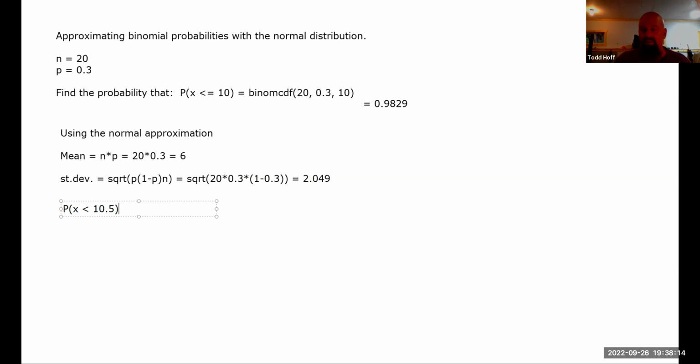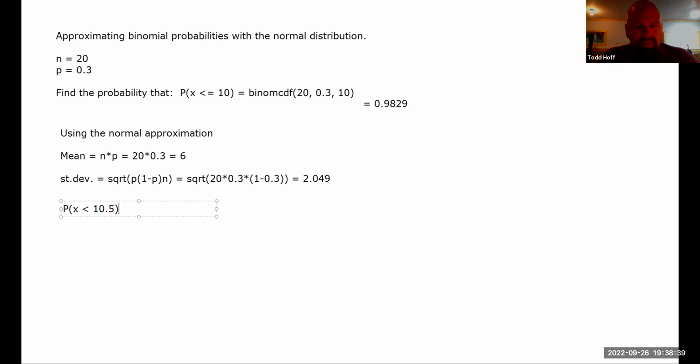The normal distribution is continuous. It can take on the values 9, 10, and 11, but also every value in between. So in order to make sure that we don't cut it off too soon, we have to go halfway to the next number. Between 10 and 11, there are an infinite number of possibilities in the normal distribution. Half of them go with the 10, half of them go with the 11. So that's why we went to 10.5 here.